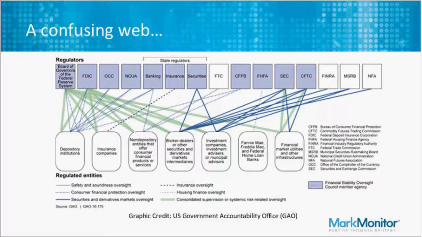So when I first saw this graph, I thought it looked like spaghetti, dry spaghetti before you put it in the water. This is from the U.S. Government Accountability Office, the GAO, and it shows the relationship between the different government agencies and the different industries. This is as a result of Dodd-Frank, which created a lot of different oversights.